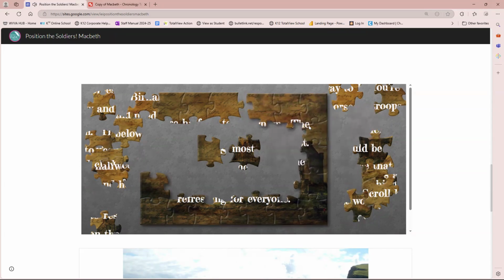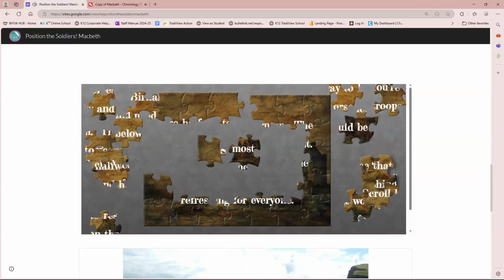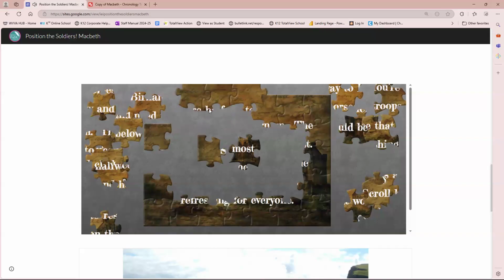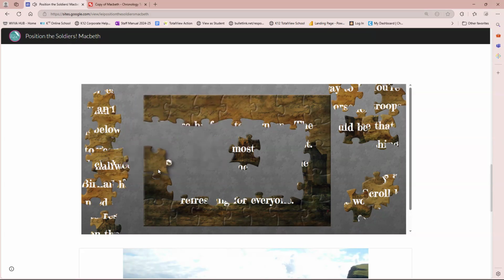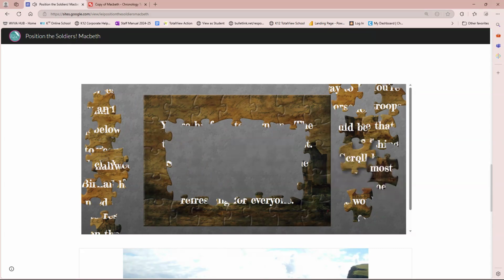There we go. There should be, right, so then you just fill in the middle, which may be harder than you think.